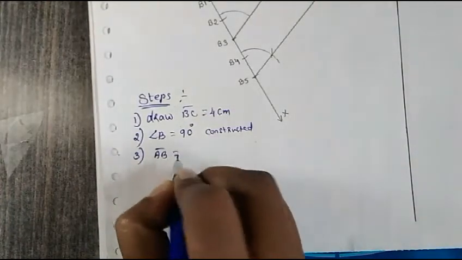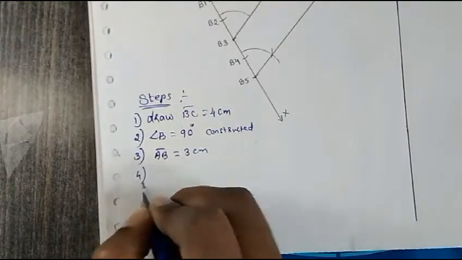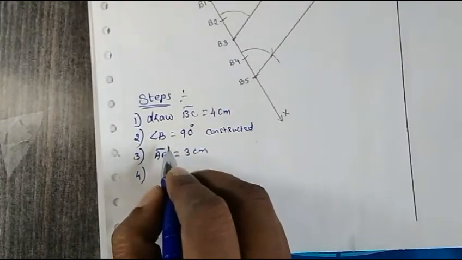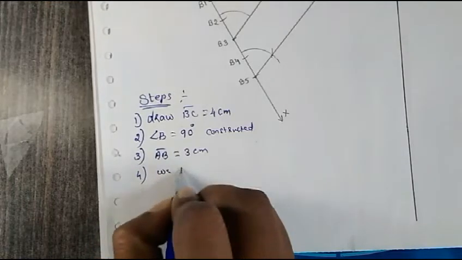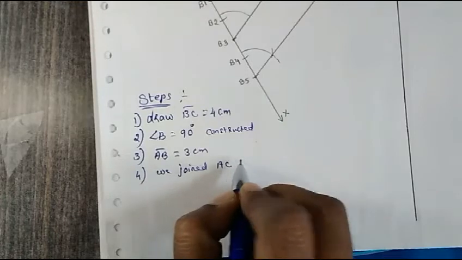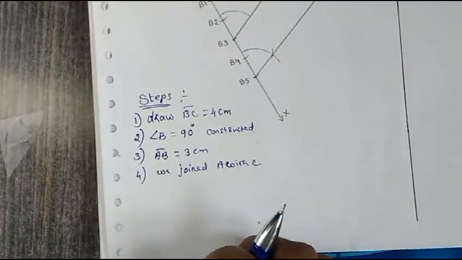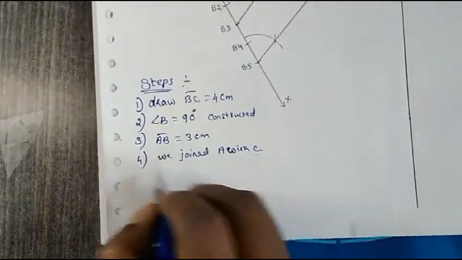Okay, so AB 3 centimeter, then A and C we joined, AC.